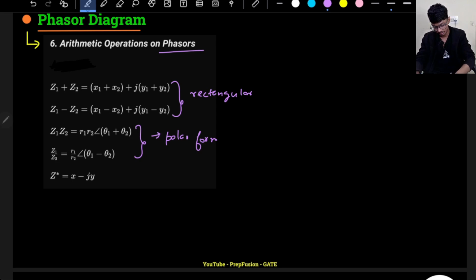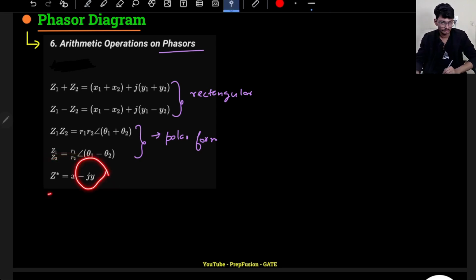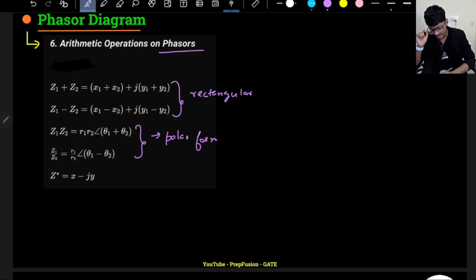And of course, I hope you remember the complex conjugate. The complex conjugate is just the negation of the imaginary part. There are a few properties that I wanted to mention. Whenever I multiply two numbers, their magnitudes in the polar format get multiplied and their angles simply get added. So let's take a simple example.